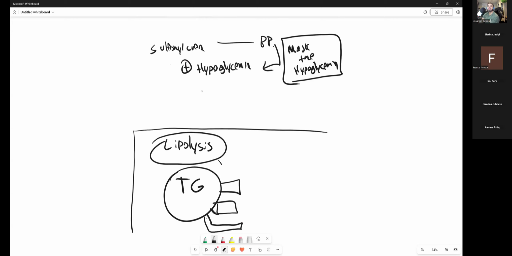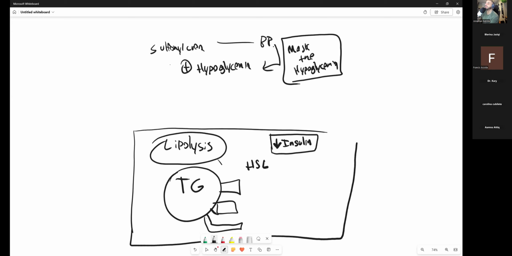Decrease in insulin. Yes, the decrease in insulin will provoke an enzyme. And already I see people writing the enzyme. It's hormone sensitive lipase. So decreased insulin is one of the major factors here. This is how you provoke the breakdown of triglycerides.